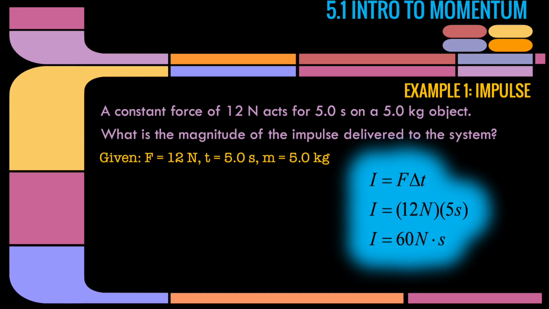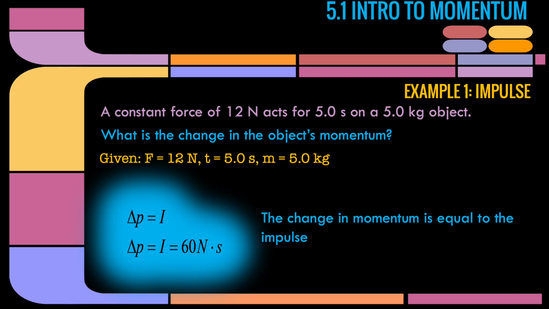So the next question is the change in momentum. And so if we remember, the change in momentum is equal to the impulse. So this is the same thing. You'll notice a lot of these questions will ask the same kind of question. And based on our knowledge conceptually, we should be able to answer some of them fairly quickly.